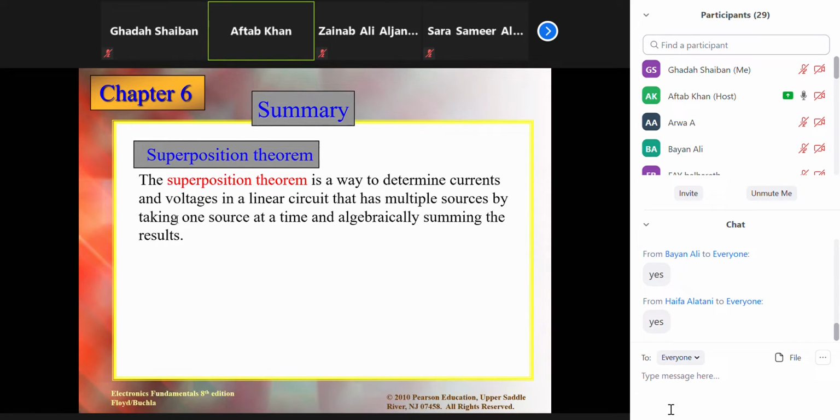By taking one source at a time. Means there are multiple, but we will consider one source at a time and we will calculate voltage and current in that particular resistance. Later on we will consider another source, okay, then calculate again, then finally we'll algebraically sum the results. This is how we will use superposition theorem.